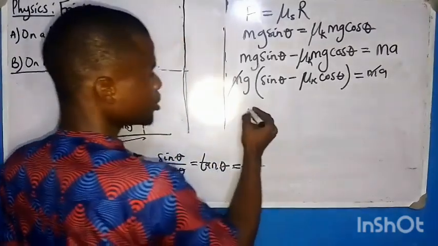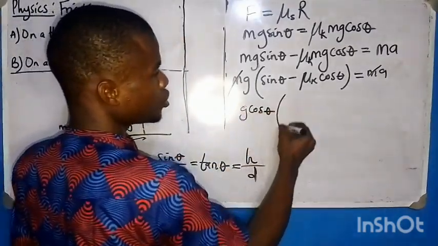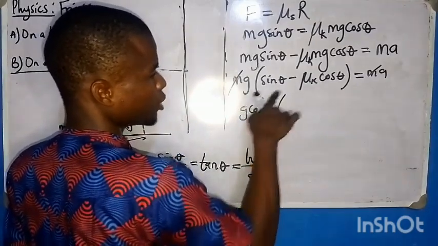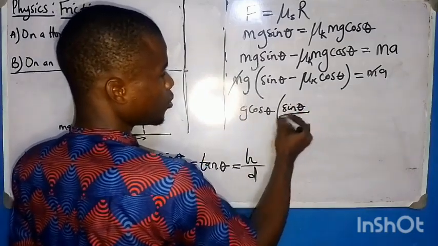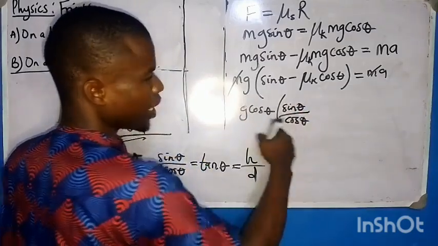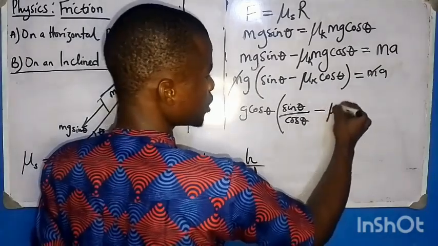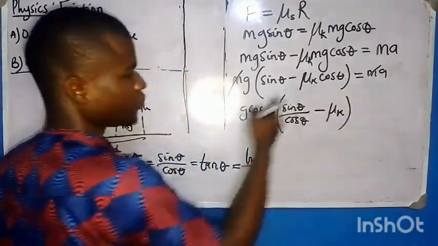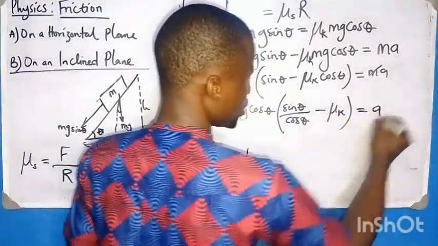So I'm going to have g cosine theta into, since I removed cosine theta from here, sin theta over cosine theta. So if I multiply this inside, I'm going to be left with sin theta minus mu k only here. Remember, factorize cosine theta out is equal to the acceleration.